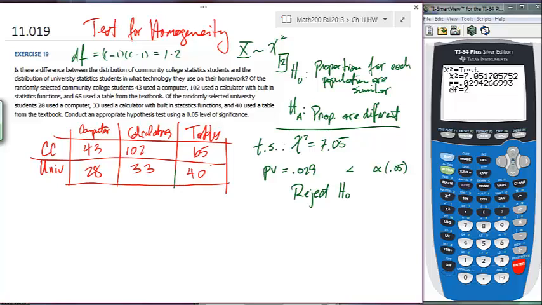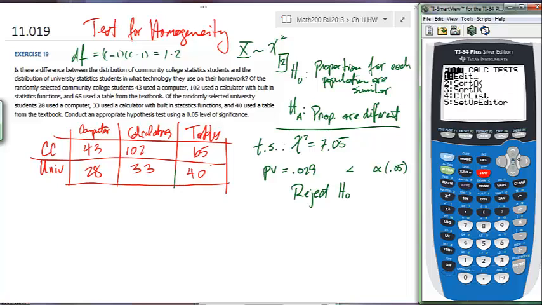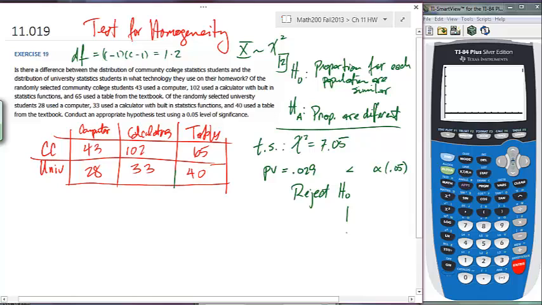By the way, if we were to run this test again, and instead of selecting calculate, we select draw, we're going to see the drawing of your chi-square distribution. Now the chi-square distribution starts at 0 and it's skewed to the right, but with a very small degrees of freedom, it actually is very tight here and goes up.